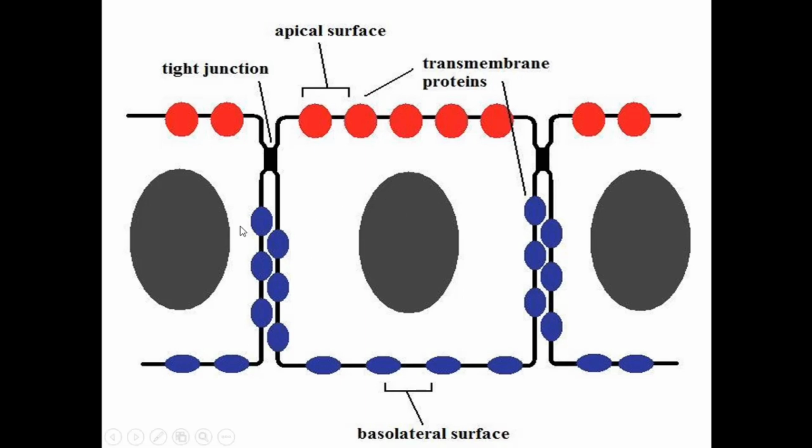So we need these proteins in the apical part and those proteins in the basal and lateral part. So the tight junction restricts the movement of these proteins, and this function of the tight junction is very important and vital in cell behavior and cell life.